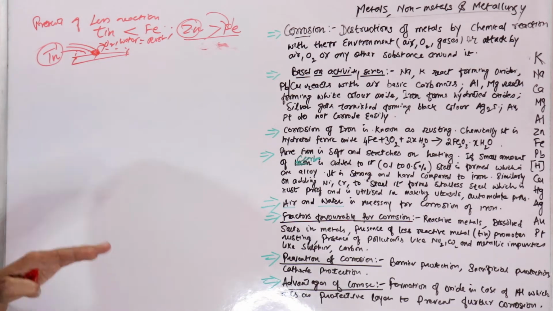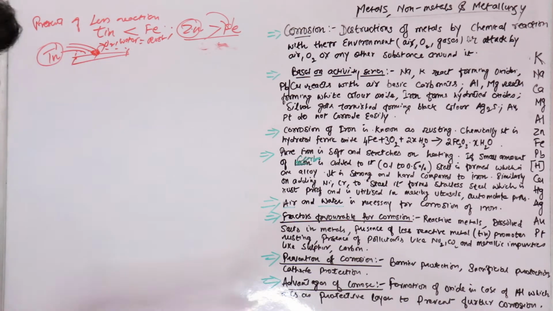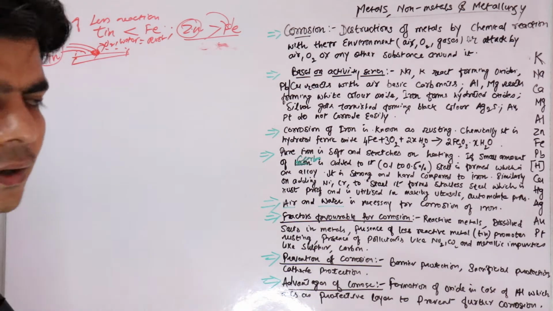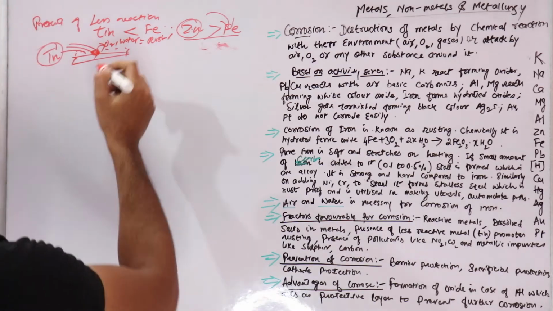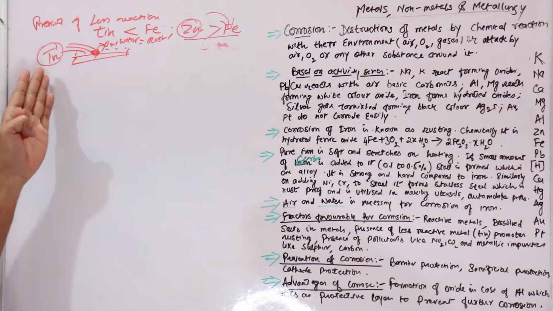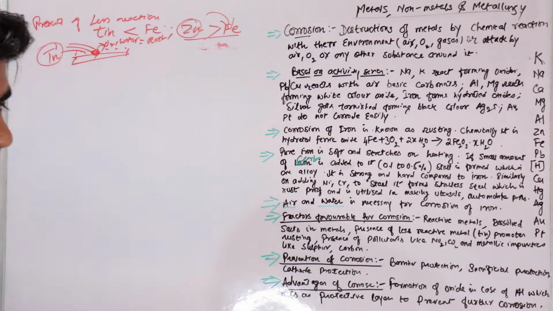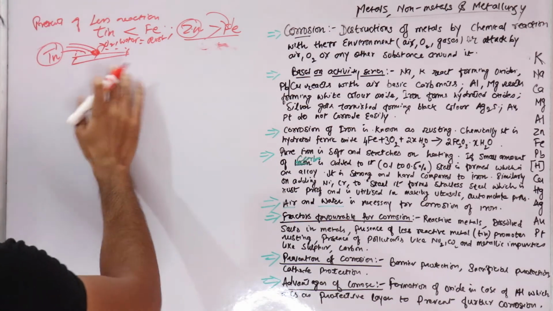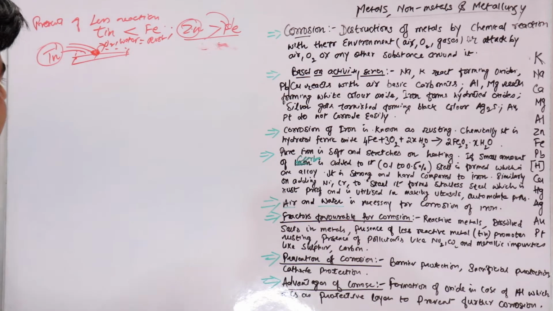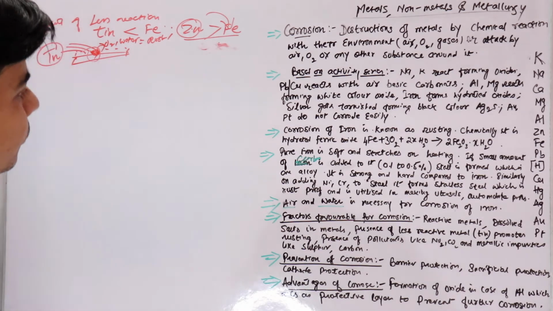Preference would not be given to tin, because tin is less reactive than iron. So the more reactive metal will start reacting. So if we have a less reactive metal coating, then the metal we are trying to protect will start getting corroded.